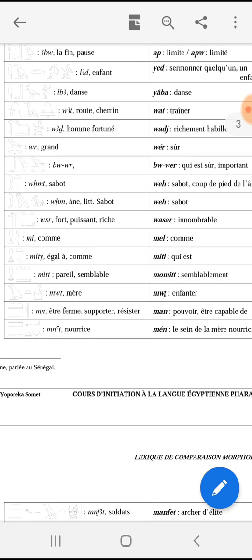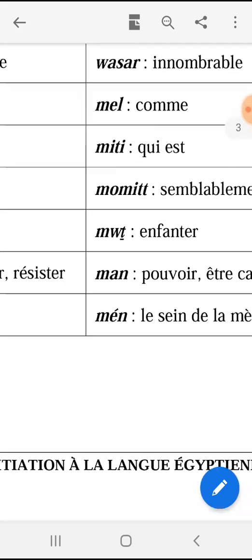Now, one clarification. In Wolof, I don't know if it's the same as the Medu Netcher, because with the Medu Netcher, the letter W is the sound U, and the T is underlined.